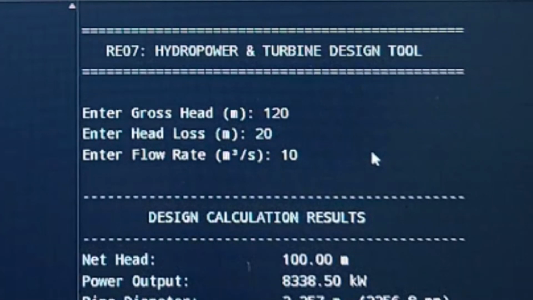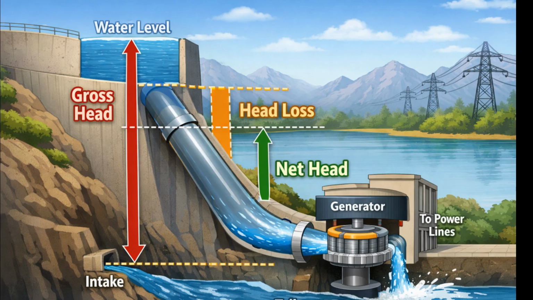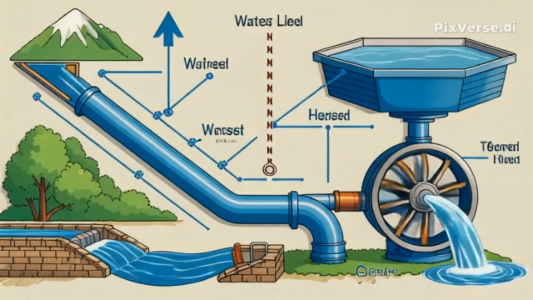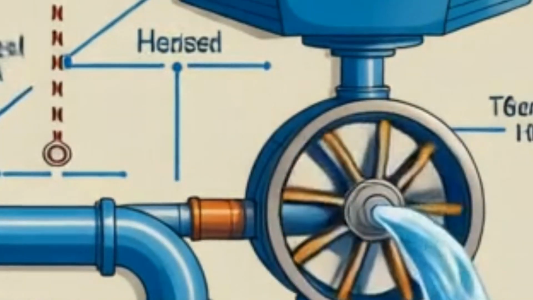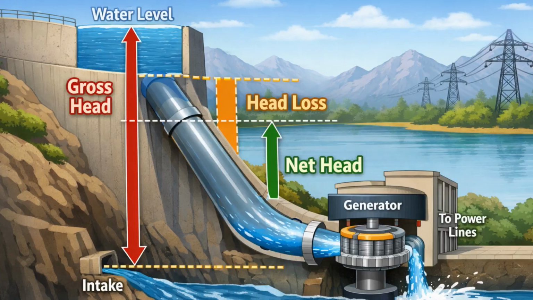Let's begin. In hydropower engineering, everything starts with the head, the vertical distance from the water surface to the turbine inlet. We define gross head, the vertical distance from the water surface to the turbine inlet.